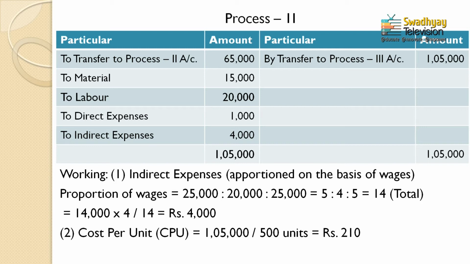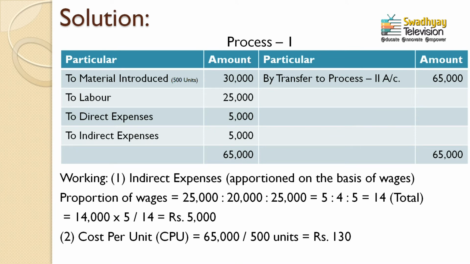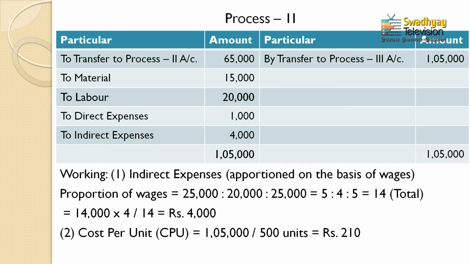This amount is considered the raw material of process 2, which was the finished goods of process 1. This always comes first on the debit side of the respective process account. So 65,000 rupees is the beginning item of the process, the raw material of process 2, right?